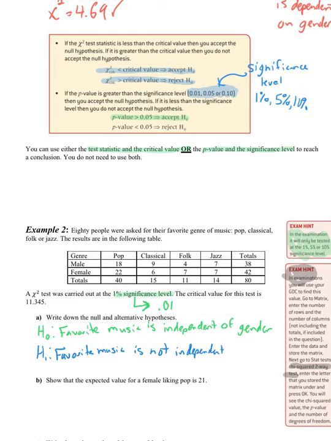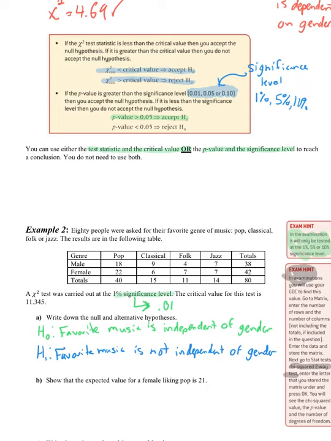You could also say dependent for the alternative hypothesis. That's perfectly fine, as long as we always use the word independent in the null hypothesis. The favorite music is independent of gender, which is just saying that it doesn't matter whether you're a boy or girl, that does not have an impact on what type of music you like.